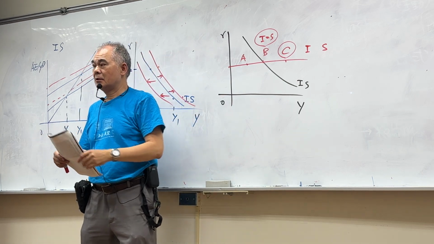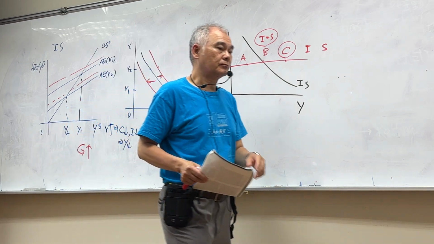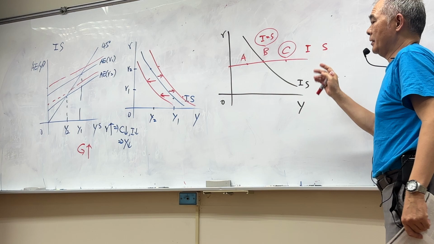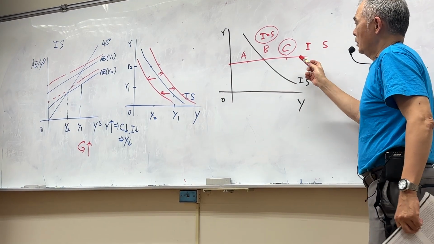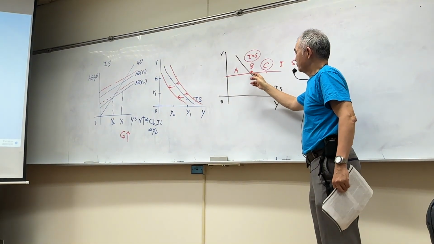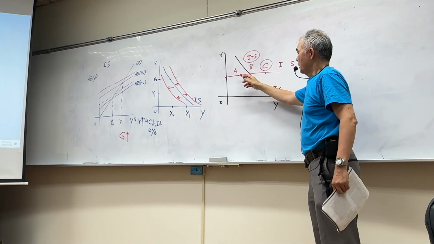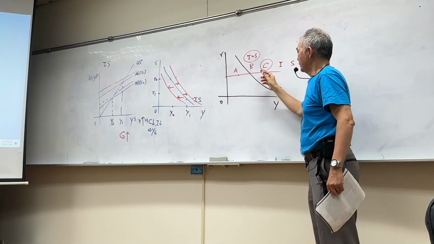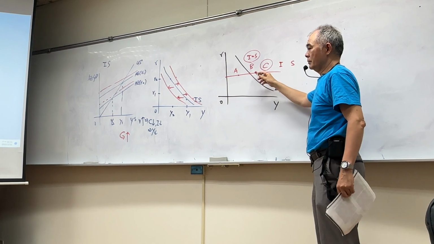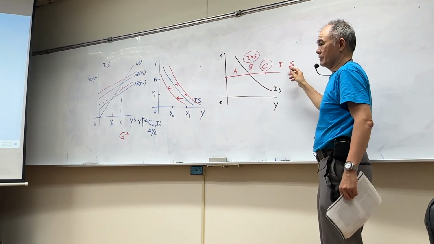Lin Weixun. So we will have points A, B, and C. At point B, investment is equal to saving. But you have A and C, we need to find out the relationship of I and S.